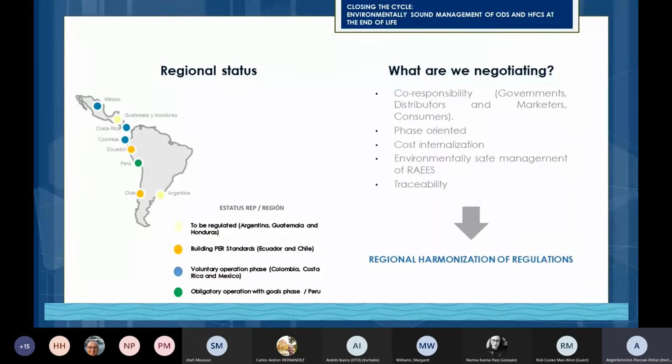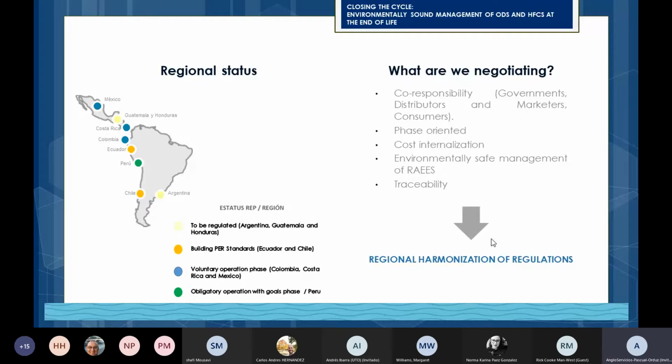The EPR approach has been developed in an important manner and at a fast pace, especially in Latin America. Right now, there are at least 7 countries developing these provisions at different levels of maturity, and they've been adopting this approach throughout the last few years.